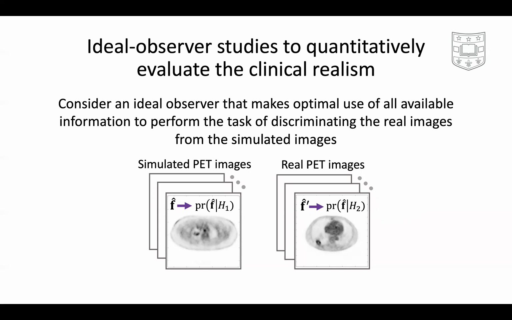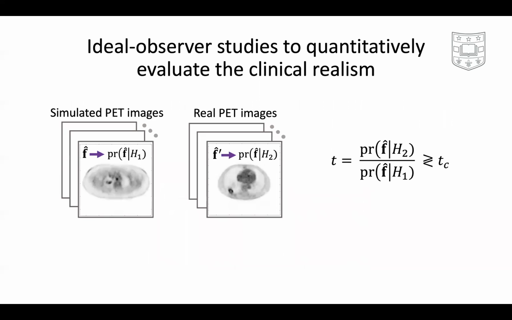In this observer study, we consider two hypotheses, namely H1 and H2, where H1 refers to the class of the simulated images, and H2 refers to the class of the real images. Thus, the simulated images are sampled from the probability of f hat given H1, and similarly, the real images are sampled from the probability of f hat given H2.